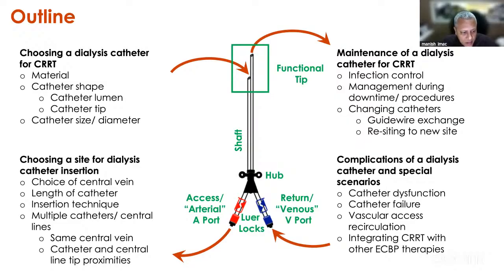The insertion technique, what if there are multiple catheters in the same vicinity, whether in the same vein or in veins wherein they all meet into the central vein. Once the catheter is inserted, how do you maintain this catheter?